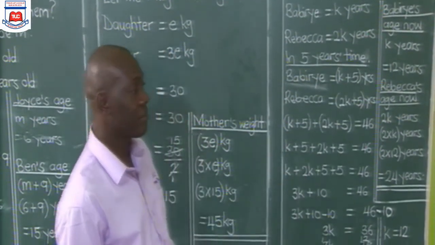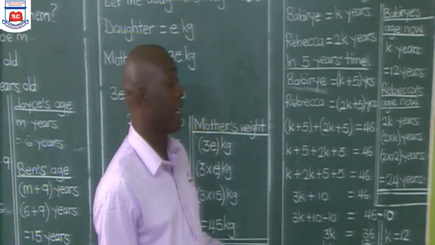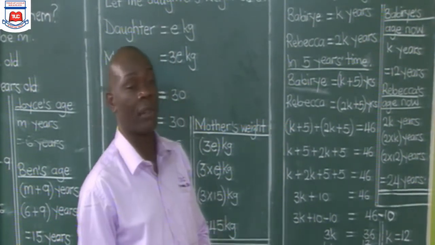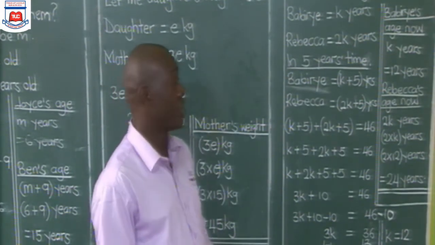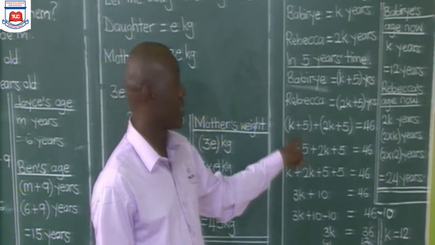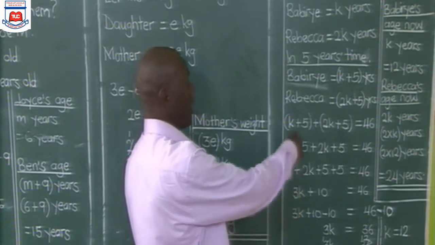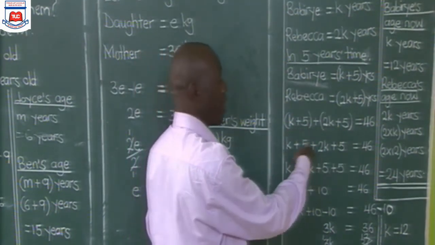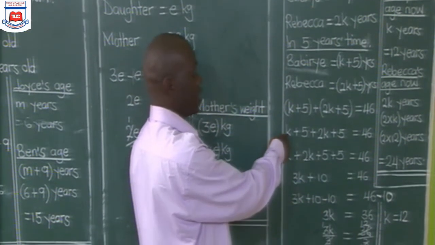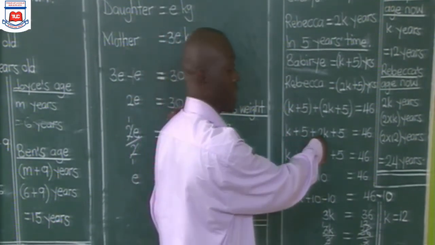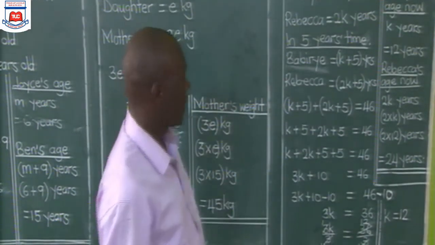Again, you must note that if there's nothing to multiply, then a positive is outside the brackets. And again, note, if it is a positive opener, all the signs must be maintained. Thus, you rewrite that without brackets, but maintaining all the signs involved. You say K plus 5 plus 2K plus 5 is equal to 46.